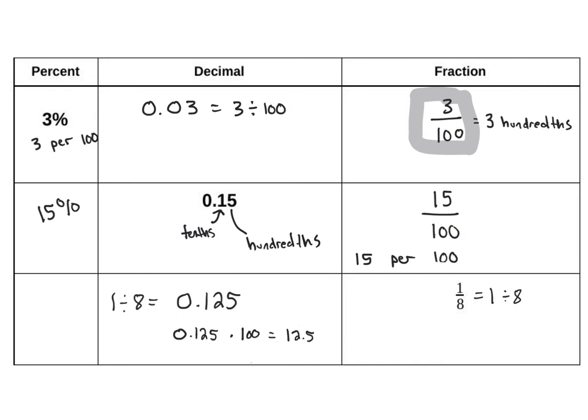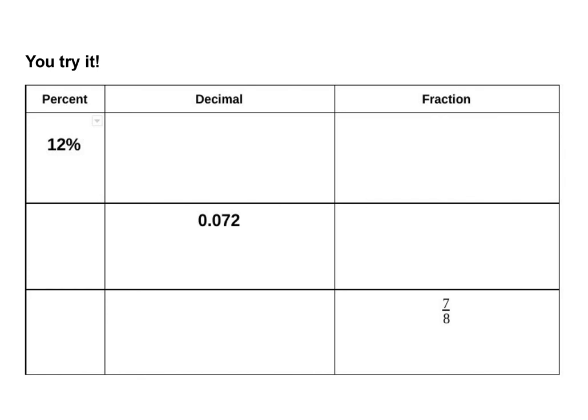While this is your decimal, this right here will be your percent. So that equals 12.5%. Okay, try these on your own, check back and see how you did, and then let me or Miss Sailor know how we can help you as you work on your journal problems.